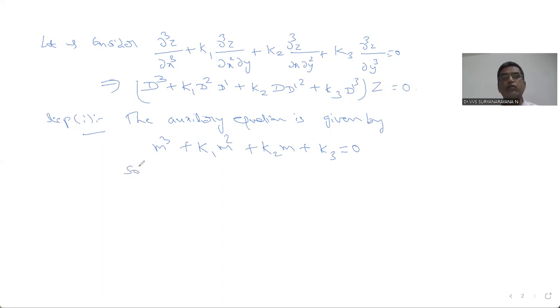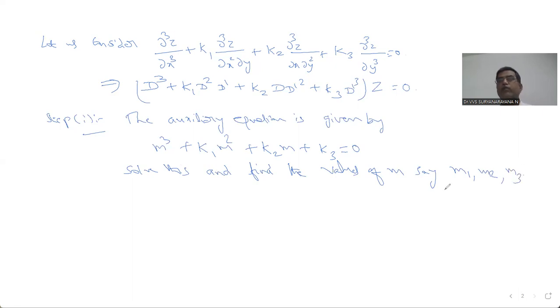So solve this and find the 3 values of m. Since this is a cubic equation, we will get 3 values.